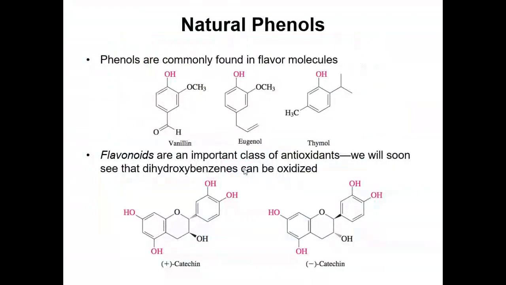So for naturally occurring phenols, many of them can be found in flavor molecules. Here are some examples: vanillin, eugenol and thymol. Those are flavor molecules. And there are also quite a few phenols that are antioxidants, like in green teas, where you have a pretty high concentration of polyphenols, like the one we have here, with multiple OH groups on one ring.